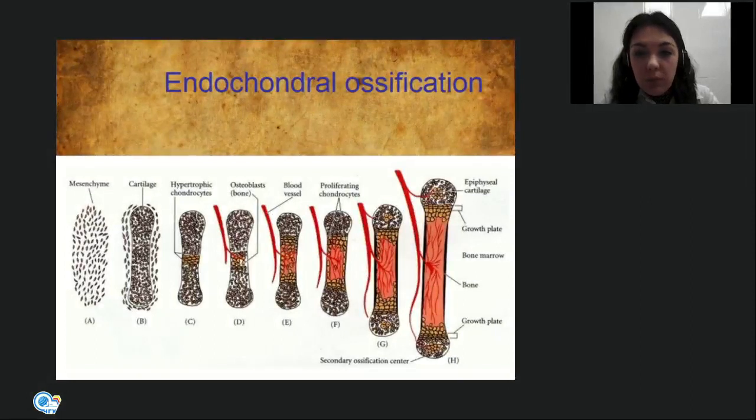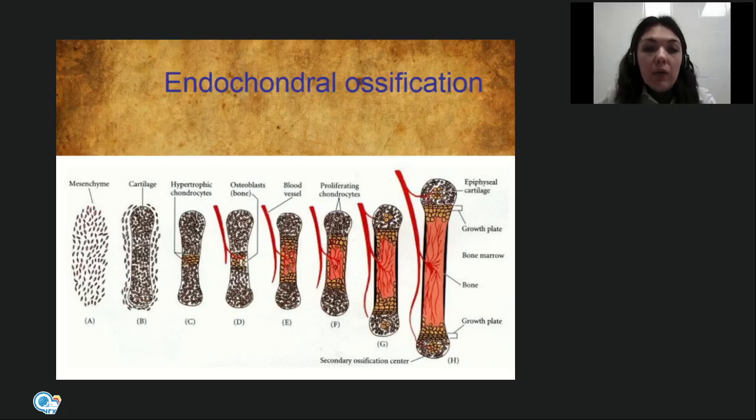Okay, so that is the process of intramembranous ossification. Endochondral ossification is a slightly different process. First, mesenchymal cells are again condensed into a common, primary model, and then these mesenchymal cells get transformed into chondroblasts, which also produce extracellular matrix, and with time they become chondrocytes.